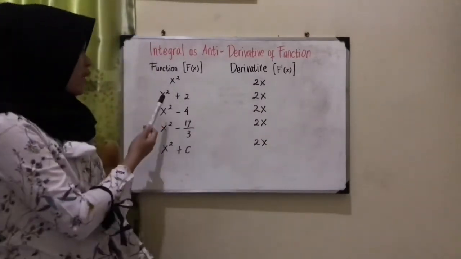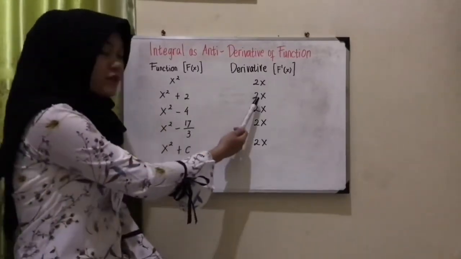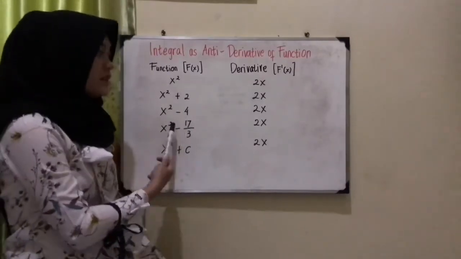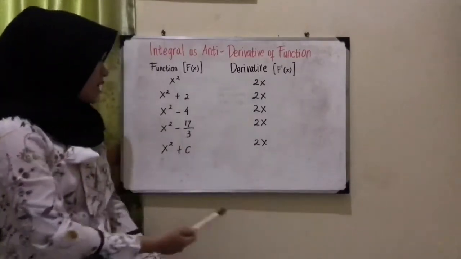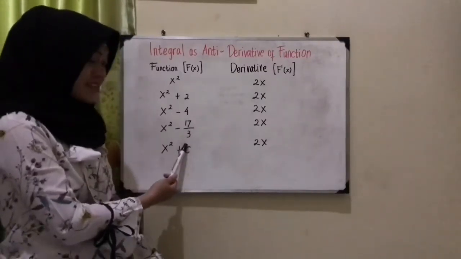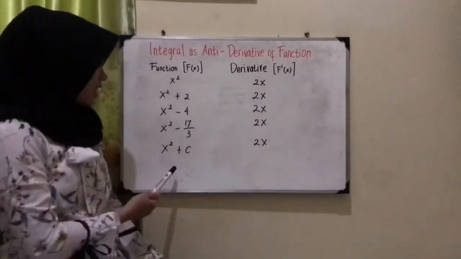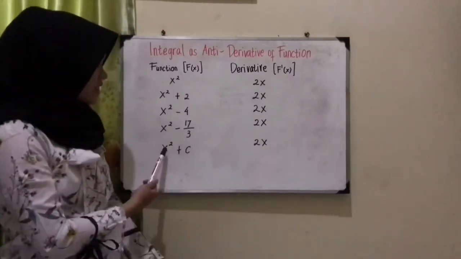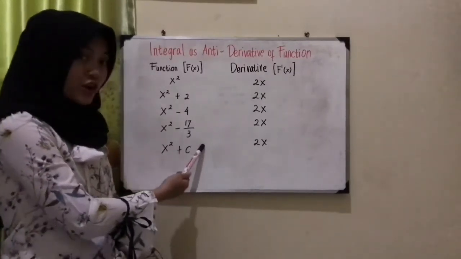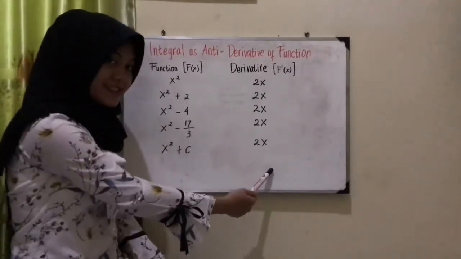And then if I have x squared plus 2, the derivative is 2x. And if I have x squared minus 4, the derivative is 2x. And if I have the function x squared minus 17 over 3, I have the derivative 2x. And if I have a function x squared plus c, where c is any constant, the derivative is 2x.